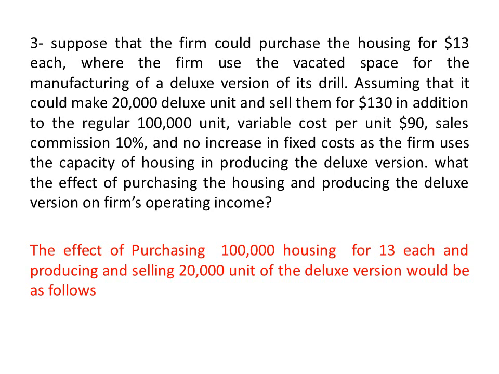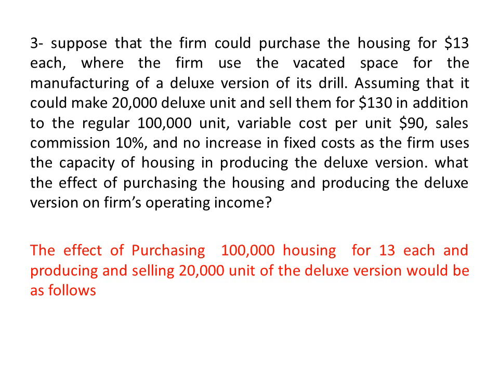The third case, suppose that the firm could purchase the housing for $13 each, where the firm uses the vacated space for manufacturing a deluxe version of its drill, assuming that it could make 20,000 deluxe units and sell them for $130 each, in addition to the regular 100,000 units.